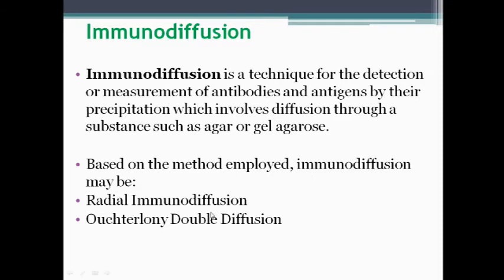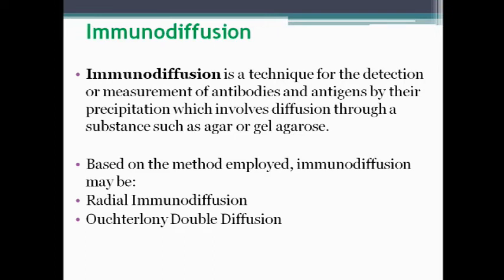Another one is immunodiffusion. Immuno means it is related to immunology, that is antigen antibody related. Diffusion means migration. So it is a technique for the detection or measurement of antigens and antibodies by their precipitation, which involves the diffusion of the antigen or antibody in the medium, that is agar or agarose gel.